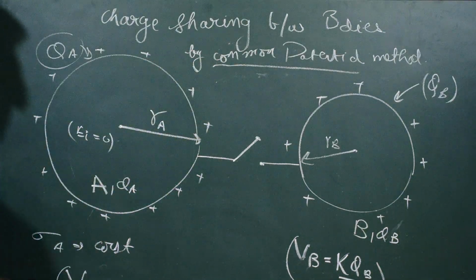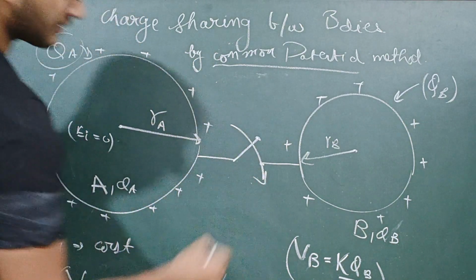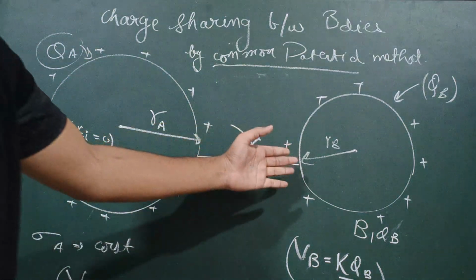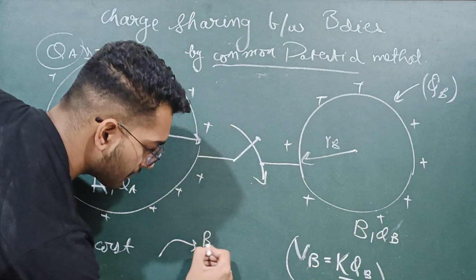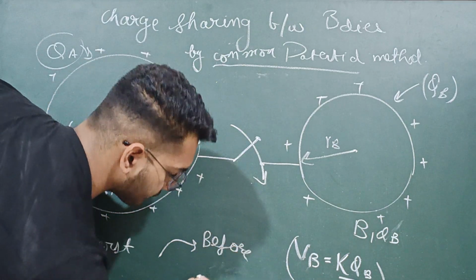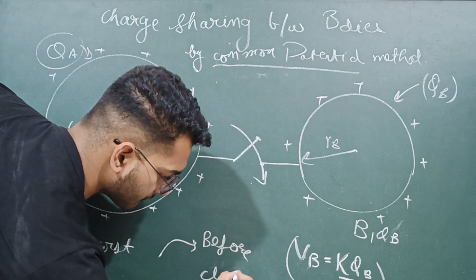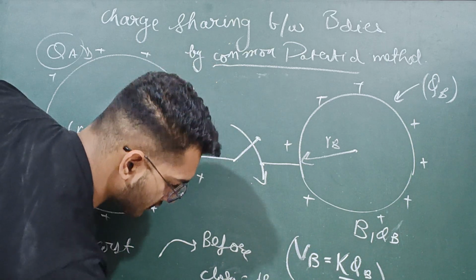But what happens if I connect those spheres? So this just represents that the switch is closed. And these situations are before closing the switch.